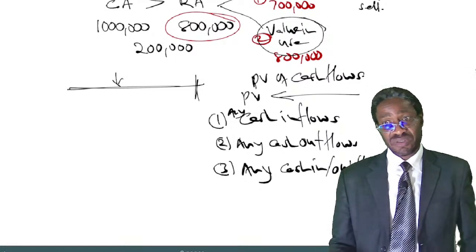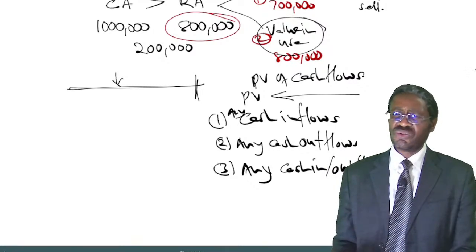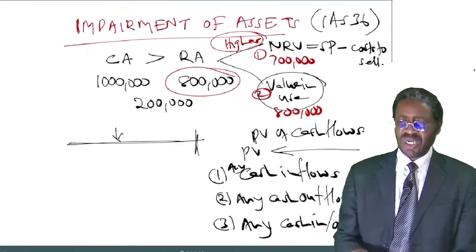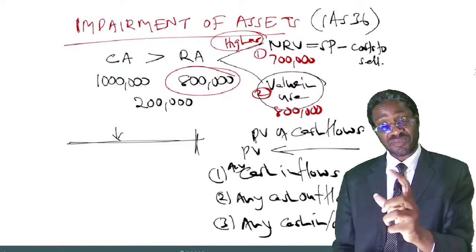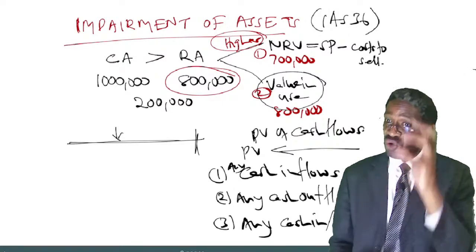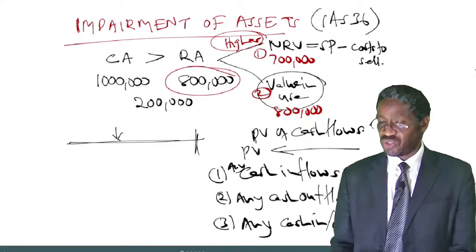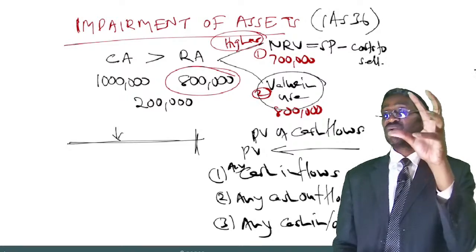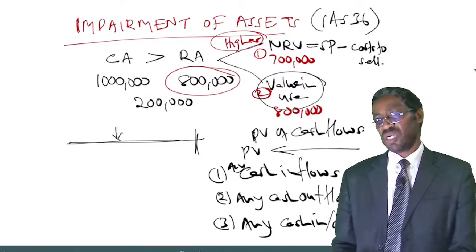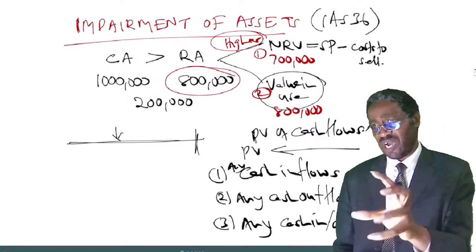So now listen. So I've reminded you in an overview how to test for impairment of an asset. We have said to know whether an asset has suffered an impairment loss or not, you compare the carrying amount of your asset with its recoverable amount. What's recoverable amount?